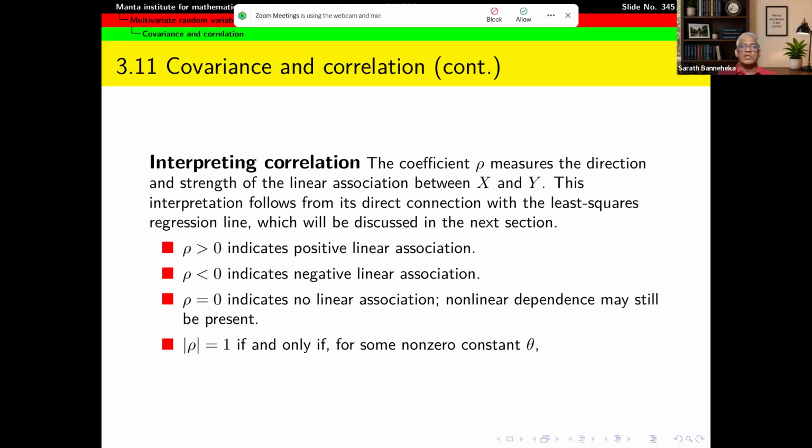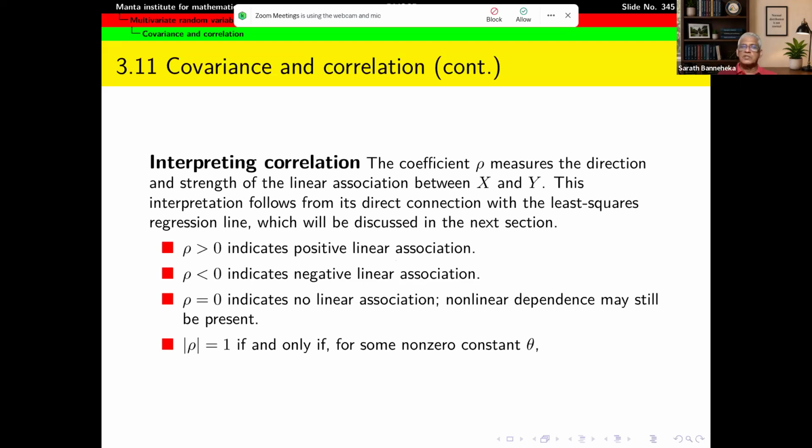Up to now, it is not clear to us why this word linear is important. But when we discuss regression, I will show you how this word linear comes. So for the moment, we will just accept this.